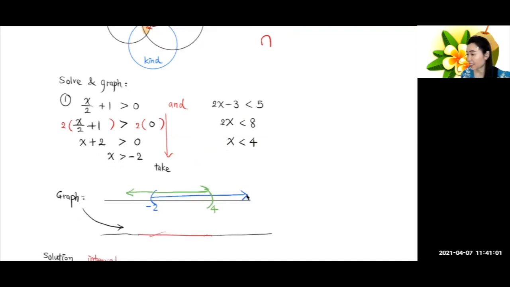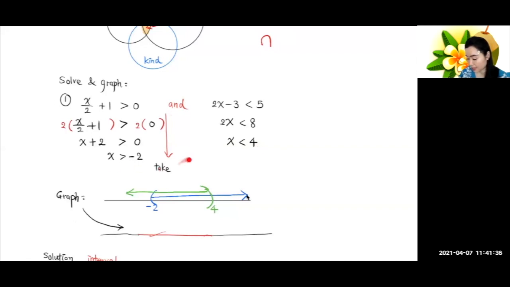Now, where is the solution set? Because this is "and," x has to satisfy both. Should it be the union of the blue one and the green one, or the intersection of the two? The intersection, right? Because it's "and," you have to satisfy both of them.